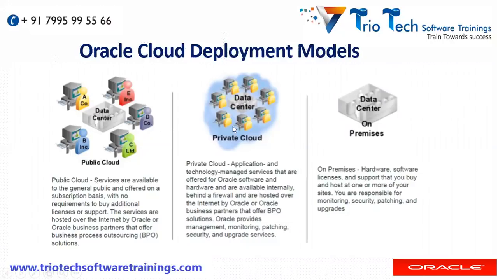Then coming to the private cloud, where the services and the technology are managed by Oracle software, but the hardware can still be managed internally, considering that there will be a firewall to have a secure layer and secure access to our resources and our data. This data center is solely for the organization, but the resources can be shared across the internet.